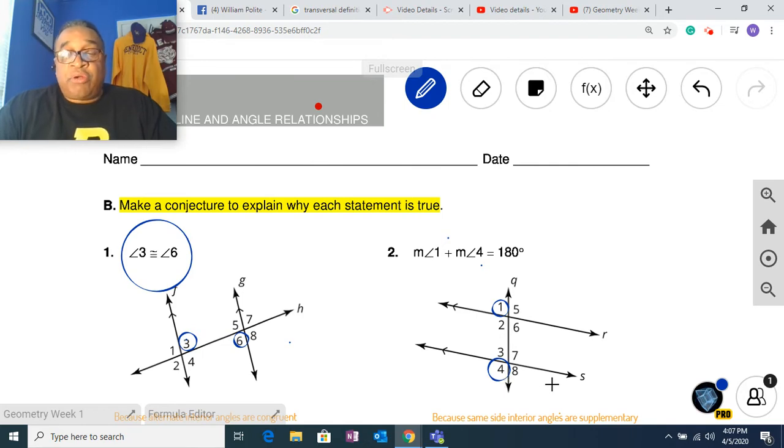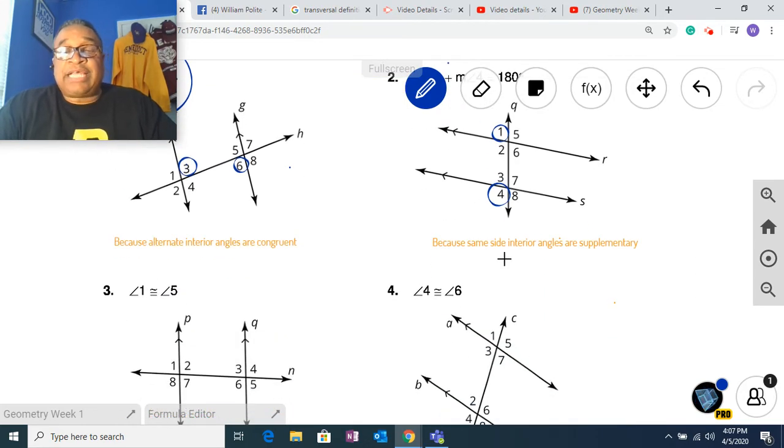So our reasoning would be same side interior. Oh, that should say exterior angles, not interior. Wait a minute. Make sure we got that there. Same side exterior angles are supplementary. I've been at this computer too long, probably.